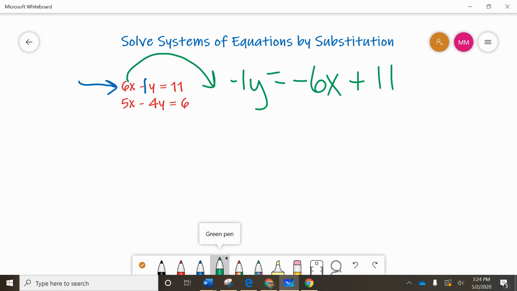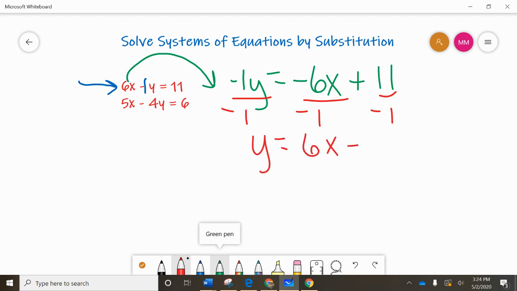Our final step is to get rid of that negative 1 because we cannot have any negatives in front of our variable. So to do that, I'm going to divide everything by negative 1. I now have the equation y equals 6x minus 11.